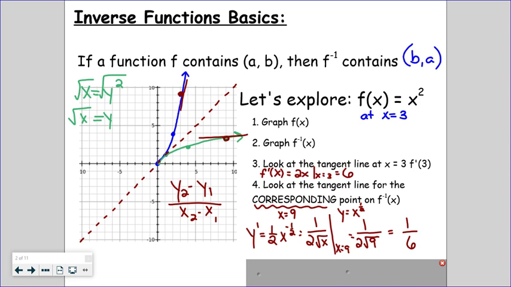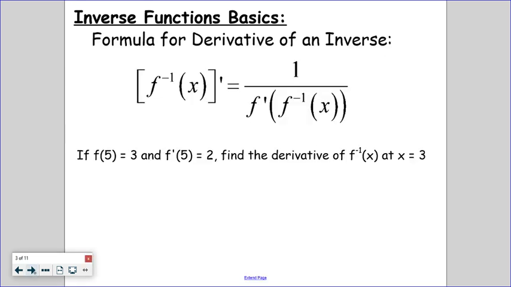Okay? But again, the hard part is understanding where that is located, because we did not plug the same x value into each of those to get those corresponding derivatives. There is a couple ways we can attack this. So one of those is using the formula. I like the formula. You don't have to use the formula. You can kind of work through it the way we just did, figuring out the corresponding point and thinking about reciprocal derivatives, which we will talk both ways on this problem.